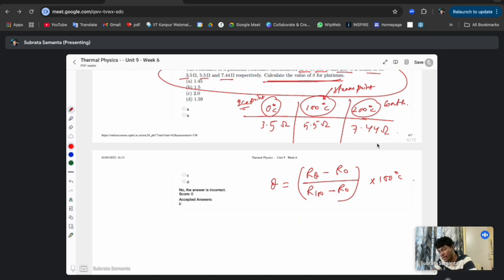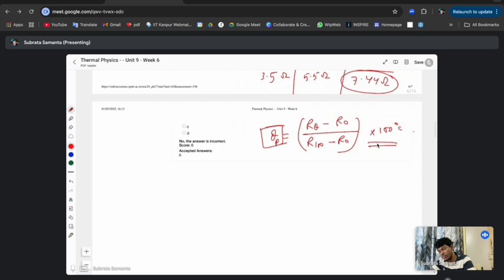So I have to use this value, that is 7.44 ohm, and I calculate theta using this formula, let's say theta p. I know this is 200 degree centigrade, but once you calculate this theta p, then we calculate the error, or basically the calibration factor, right?